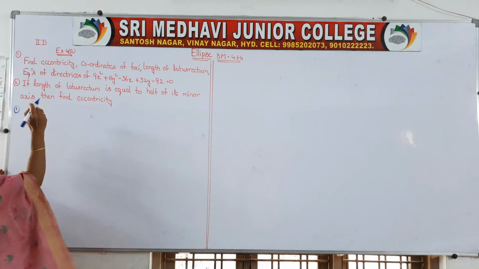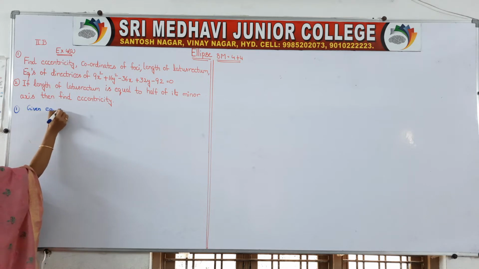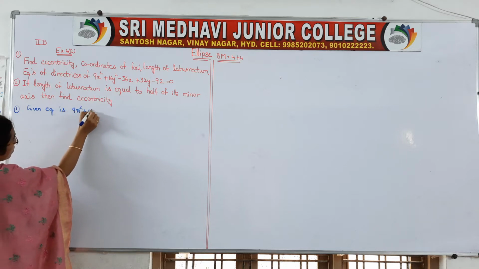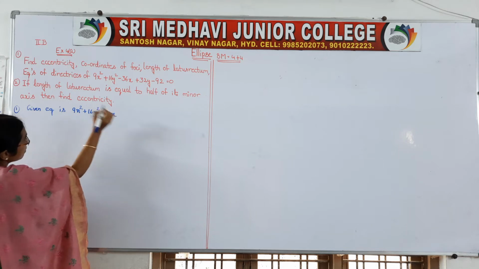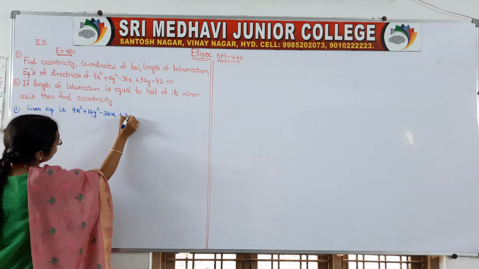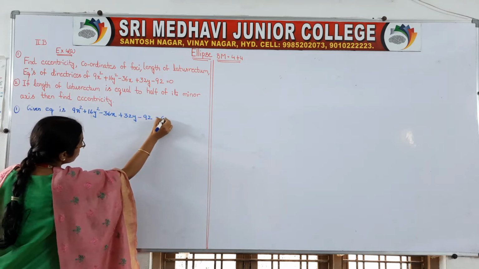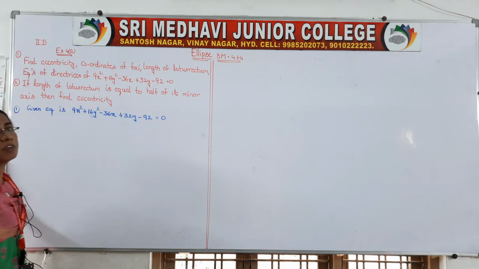Okay, so what is the given equation to you? The given equation is 9x square plus 16y square minus 36x plus 32y minus 92 is equal to 0. So try to reduce it into our form.